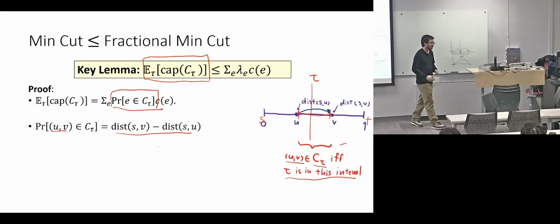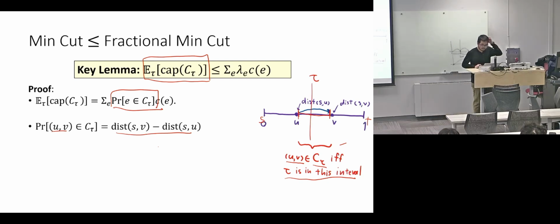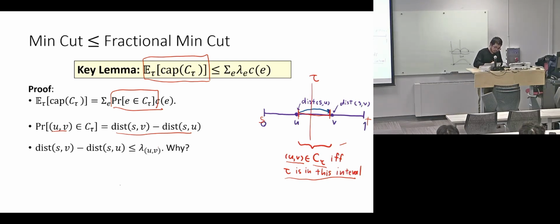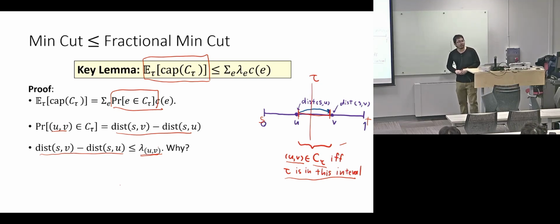Okay. But this is at most the length of an edge from u to v. Why is that?